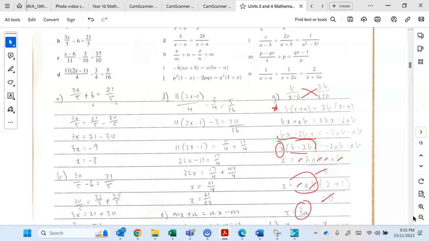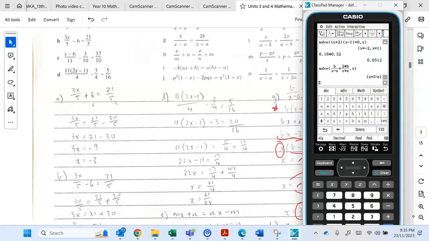Now, just going on a little tangent here, you can do these questions on your calculator. So here is one I prepared earlier. All right, just be careful. So you can see I've used solve. If you have two letters together or a number and a letter together, just make sure you whack a times in between. So you can see my 2b, just put a times in.